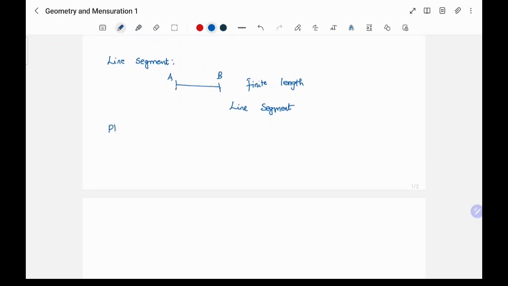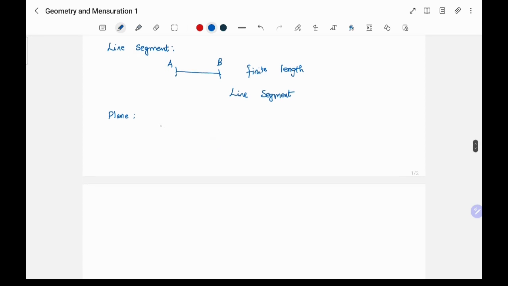So we'll also see what a plane is. A plane is nothing but a 2D figure. So it is similar to the paper I said, right? So a paper is considered as a plane. On this, if you draw a line, then it becomes a line segment. Now imagine this paper itself being infinitely long.